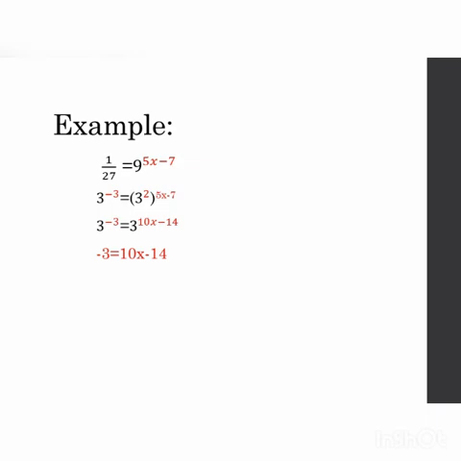Negative 3 is equal to 10x minus 14. 14 minus 3 is equal to 10x. 11 is equal to 10x. Divide both sides by 10 and cancel the 10. And the answer will be 11 over 10 is equal to x.